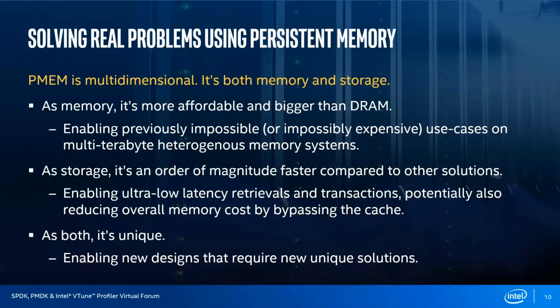We have to look at problems that are traditionally solved using algorithms that were either designed for memory or were designed for storage. And now with persistent memory, we have to step outside of the box, so to say, because we have to first identify the real problems, not the problems that storage has, or the problems that memory has, but the actual underlying problem.